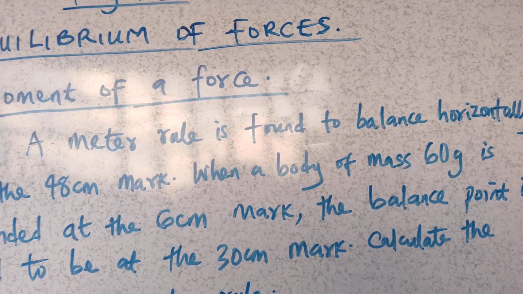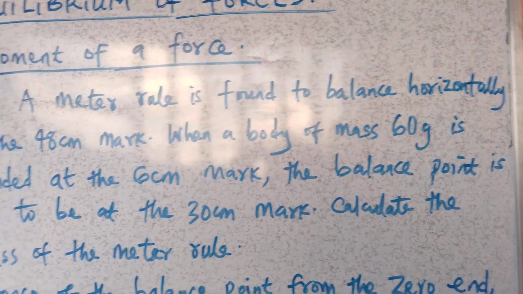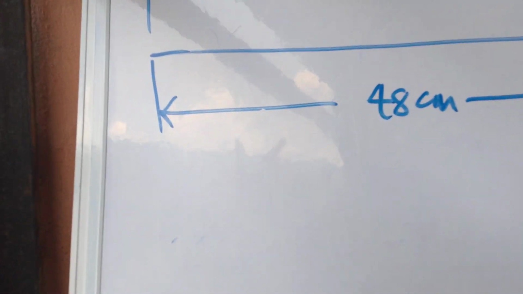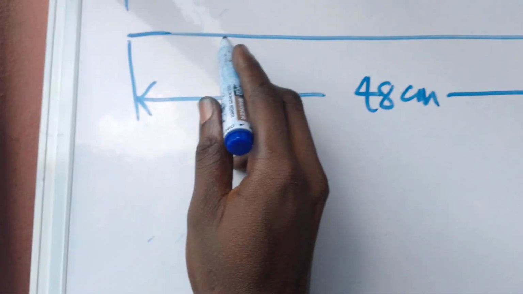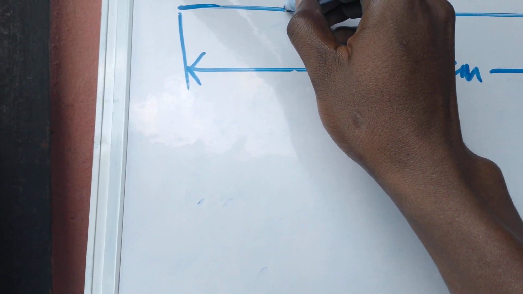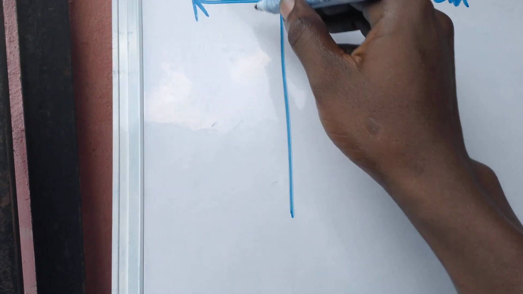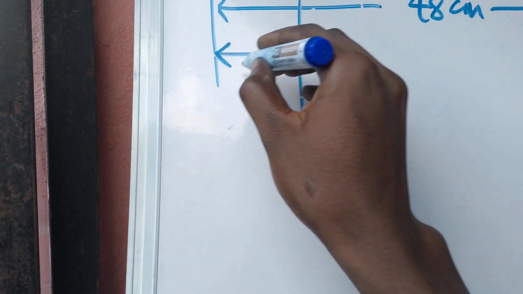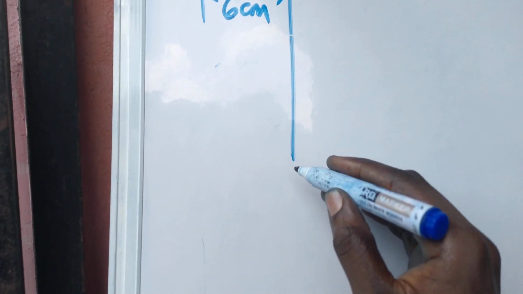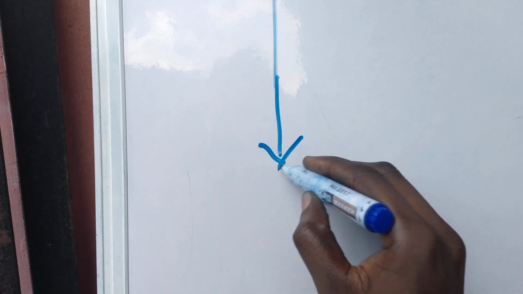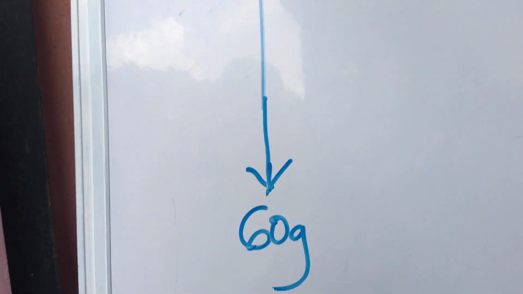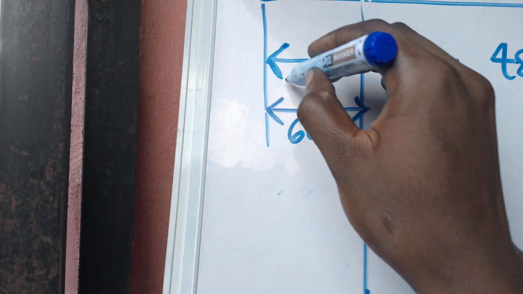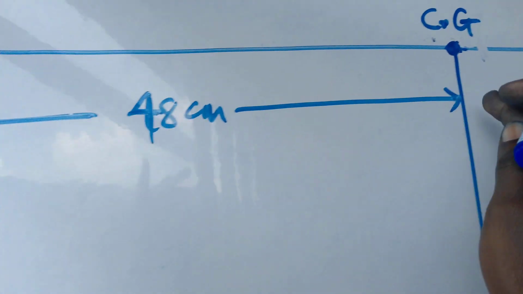Alright, it says when a body of mass 60 grams is suspended at the 6 cm mark. So we assume that from here to here is 6 cm. So we place the body, 60 grams, here, and the distance from here to here is 6 centimeter, while the distance from this point to this point is 48 centimeter.